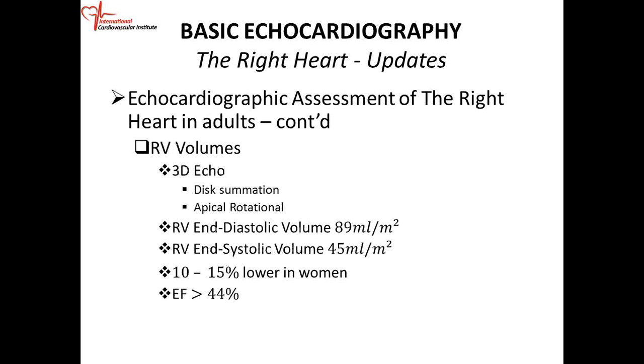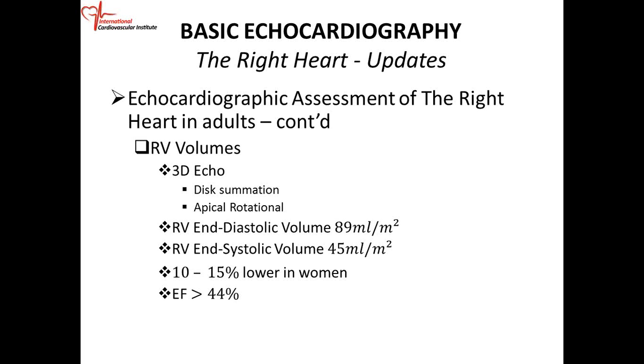Okay. RV volumes. For those of you who are doing an exam, if they put anything about volume and they put 3D echo, that's the way to go. Anything in echo, if they put 3D echo, that is the gold standard. 3D echo allows volume assessment, very, very accurate in the heart.